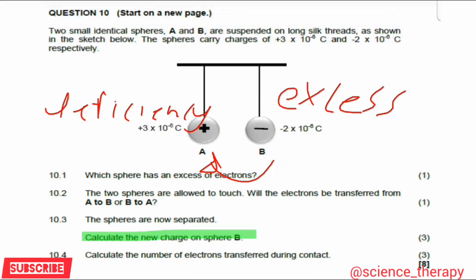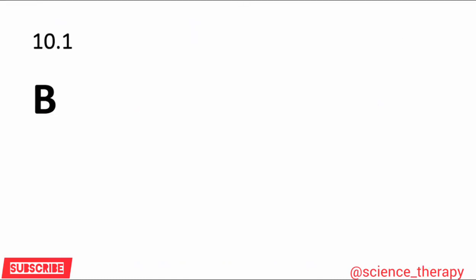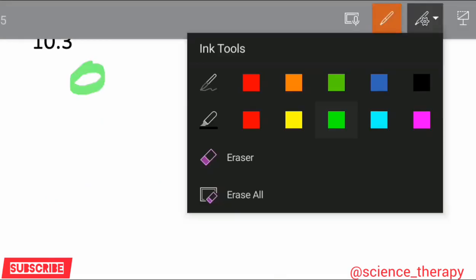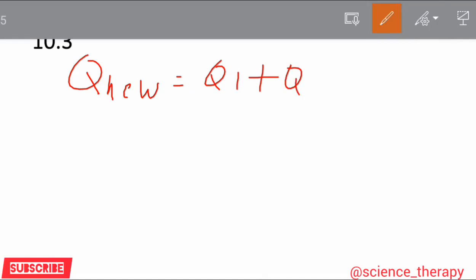Then to calculate the new charge, we know the formula. The formula is Q new is equal to Q1 plus Q2 over 2.